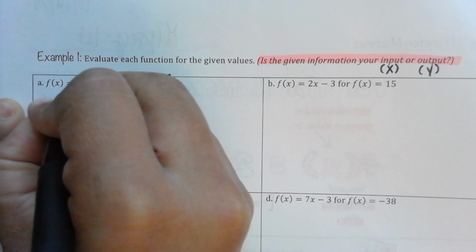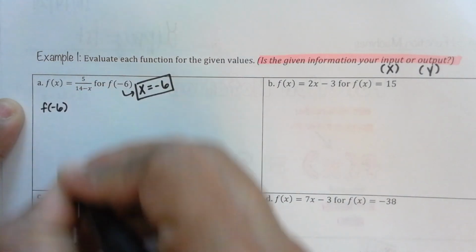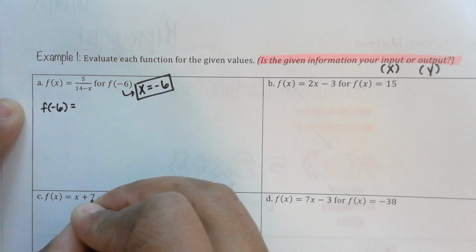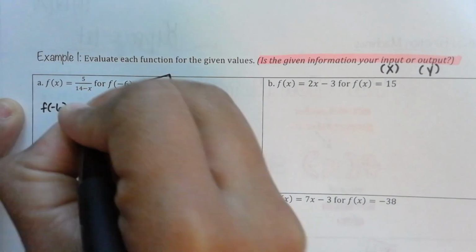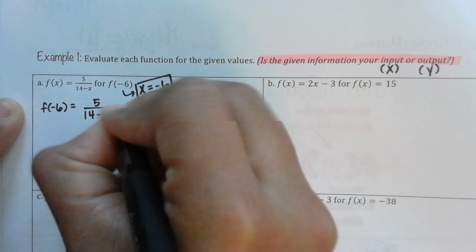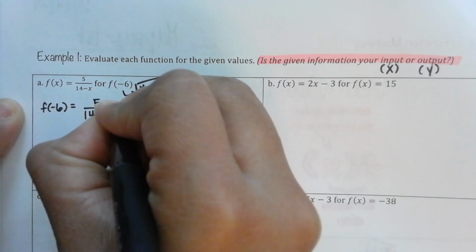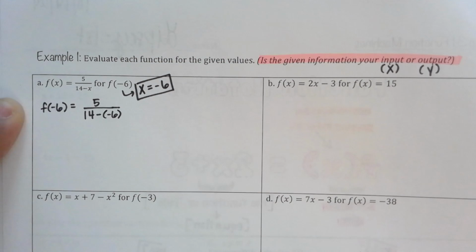Of negative 6, then equals 5 over 14 minus negative 6. I'm going to pause. Is everybody still with me? Is this making sense? Okay.